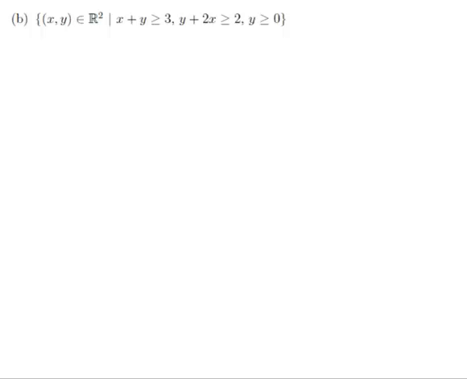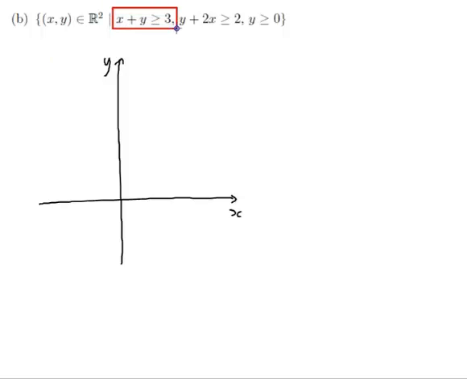So here's a y-axis, and here's an x-axis. Now the x plus y is greater than or equal to 3. Let's do that part. The line x plus y is equal to 3, if we remember from part A, was this. And let's just check again which side we need, because this time we need greater than or equal to 3.